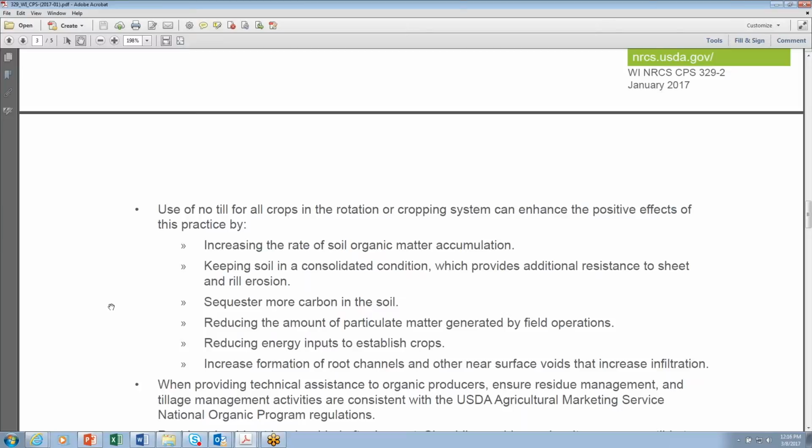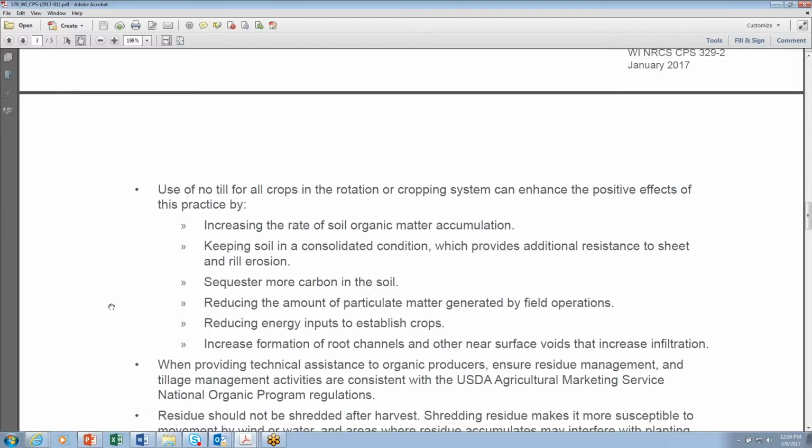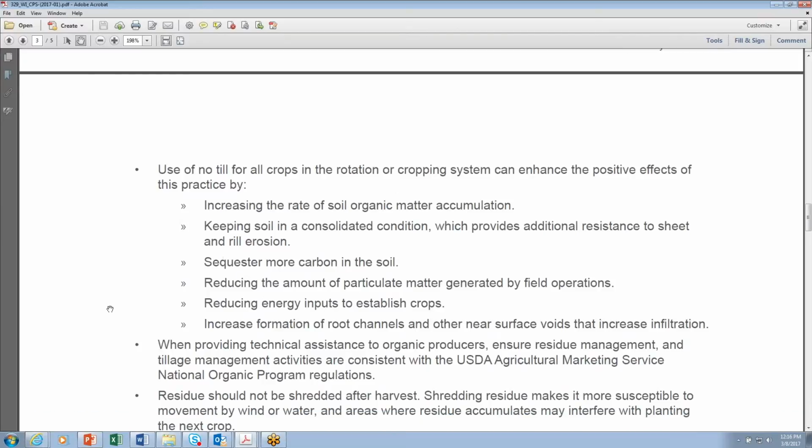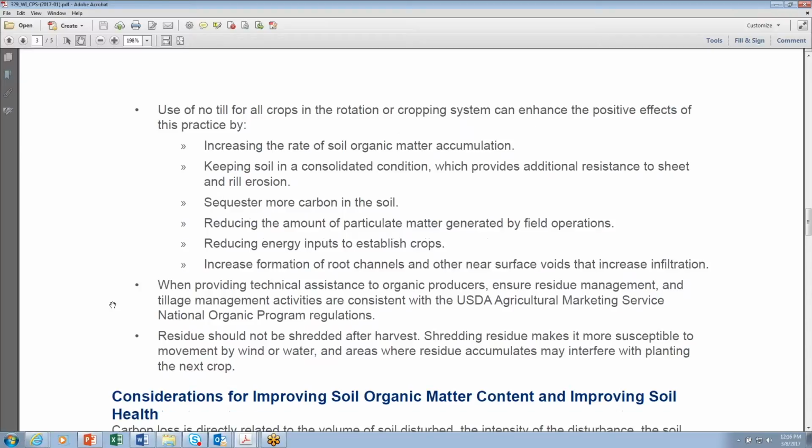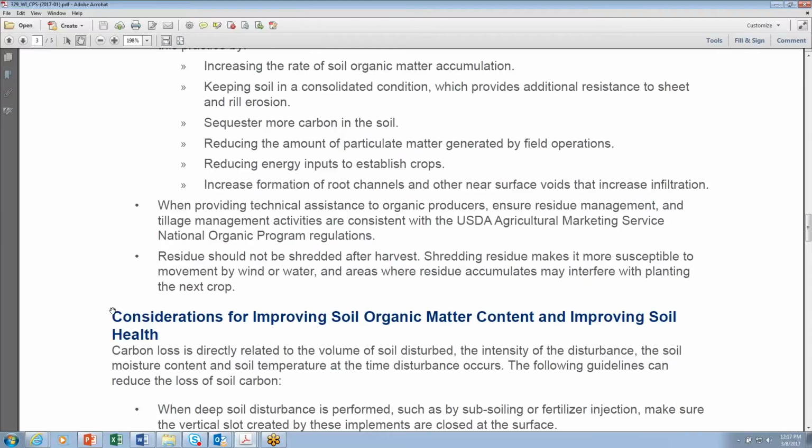More carbon in the soil, more organic matter, less being depleted, reduce the amount of particulate matter that the field generates, which is very beneficial in the spring of the year especially, and obviously saving energy as a benefit, and increasing root channels and other infiltrations in a positive manner is also another reason for this practice standard.